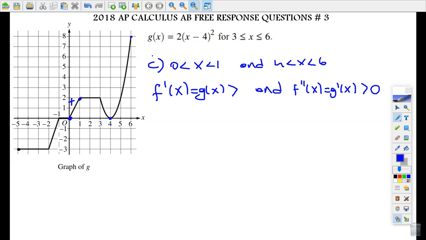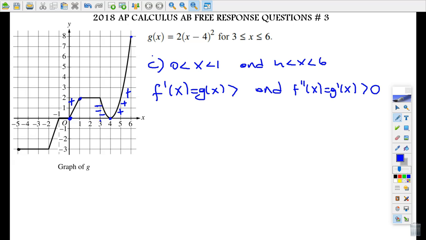When you look at the slope of this line between 3 and 4, the slope of the tangent line is going down, it's negative, but right after 4 the slope of the tangent lines is getting positive, which means at x equals 4 the g prime x values are changing from negative to positive.